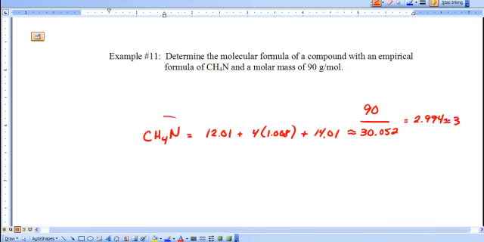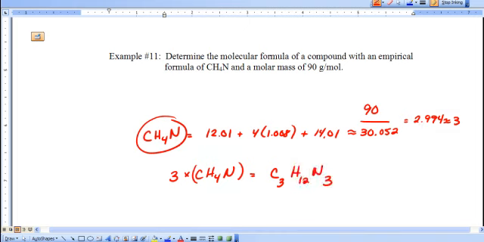And so there are 3 of these in the actual compound. So 3 times the CH4N is going to give us C3H12N3. And that would be the actual formula, the molecular formula for that particular compound.